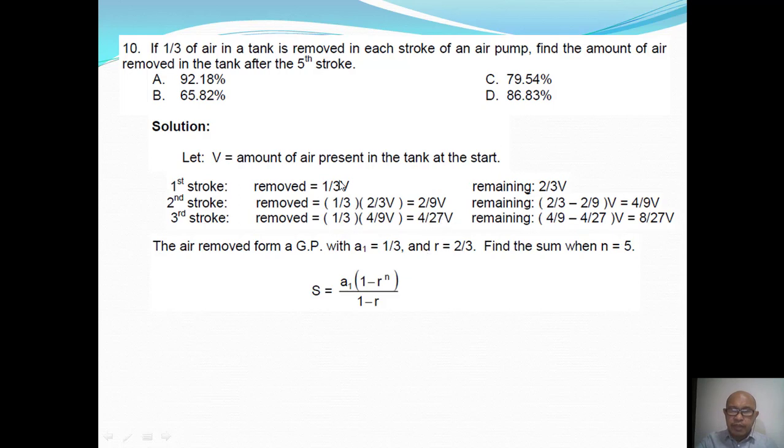If you divide two adjacent terms, that is equal to 2/3. And we are asked for the sum, the total amount removed when n is 5, after the 5th stroke. So using the formula for the sum, we can solve for the amount of air removed. That is equal to 0.8683 or 86.83%.